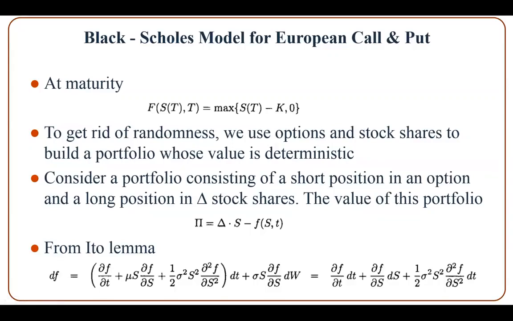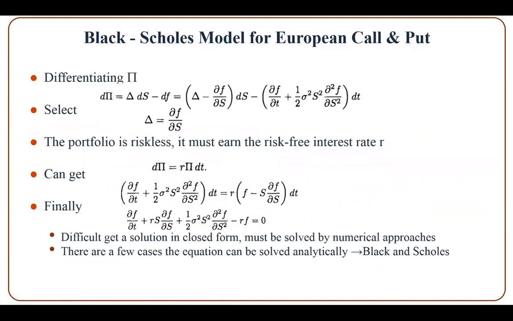And from Ito's lemma, we can get to this step by neglecting terms with order higher than dt and dS, differentiating the value of the portfolio, and selecting delta so that the portfolio is riskless.